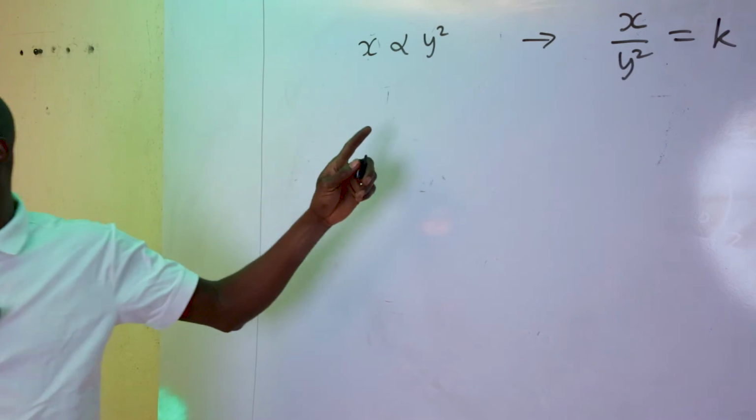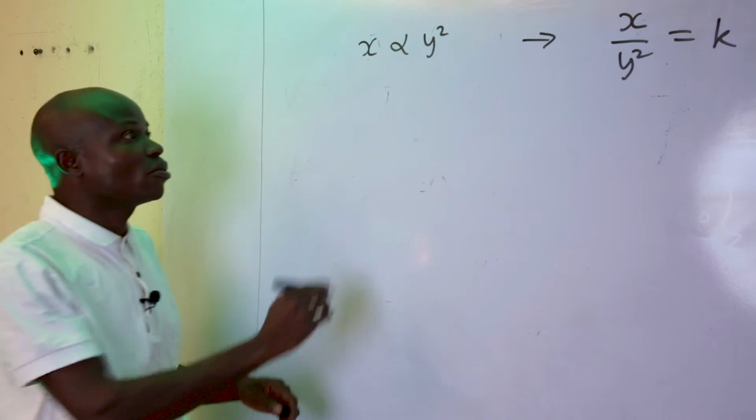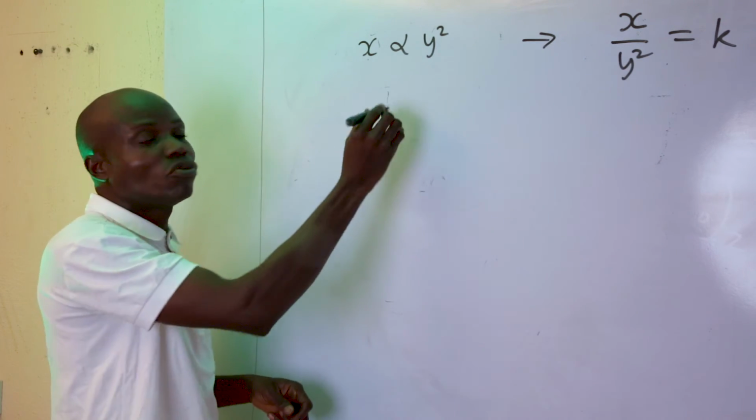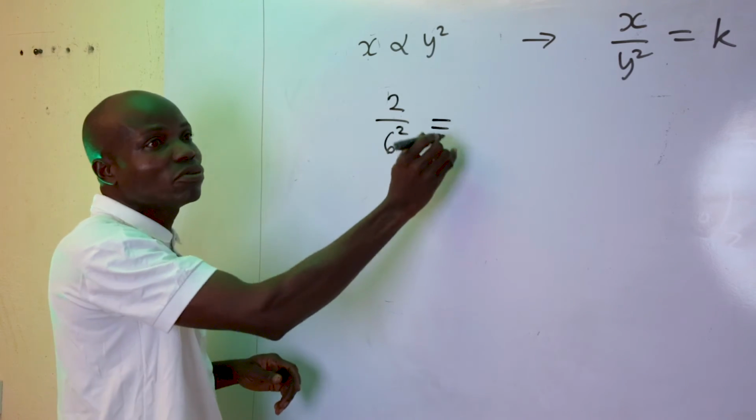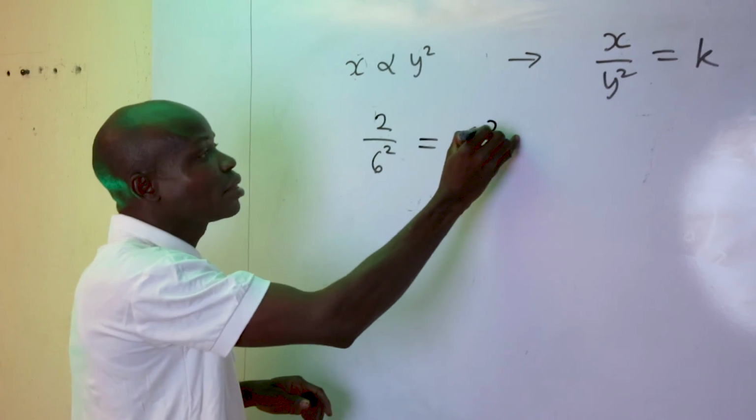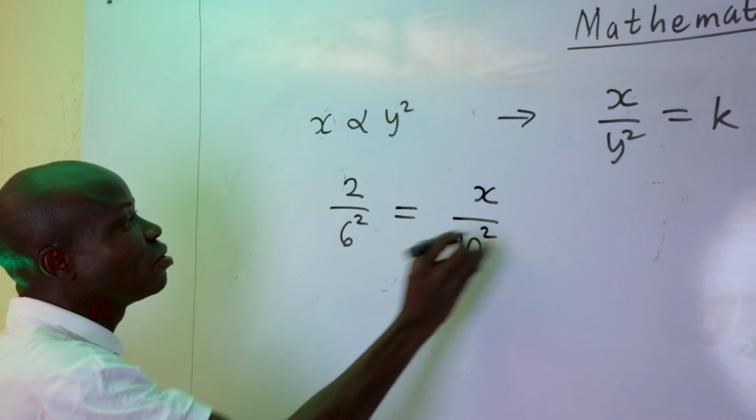And we can now apply this to solve the problem such that x being 2, we have x over 6 squared simply equals x over 10 squared.